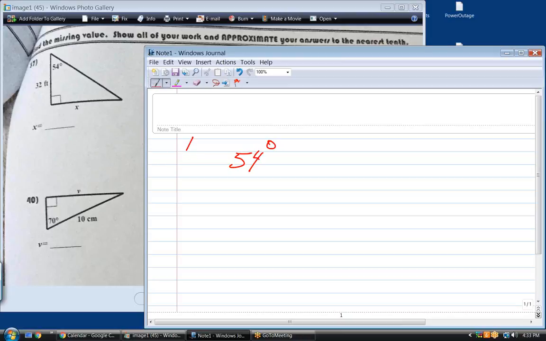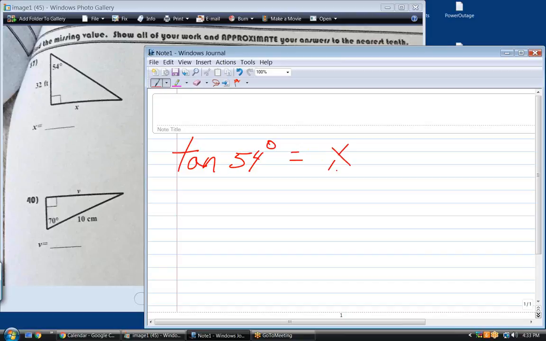So I'm going to always start out my equation with a trig function. And then what does that equal to? Well, just reading off of the triangle, what does it equal to? 34 over x.